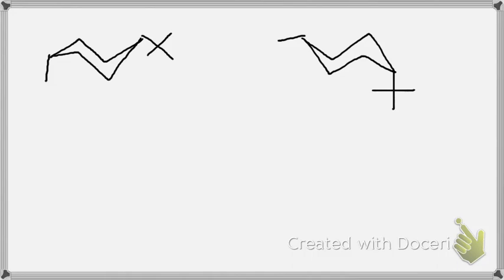In both cases, we have 1 axial, 1 equatorial, right? But are these 2 equal in energy, like what we have seen before? No, of course not. The 2 substituents are not the same.